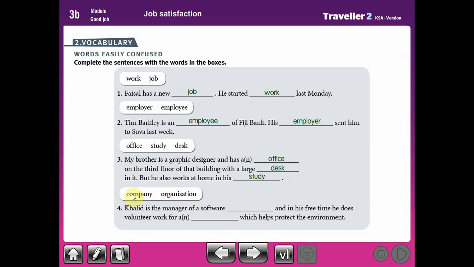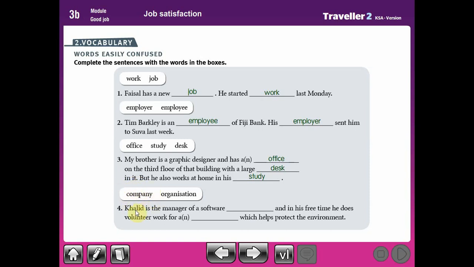The company and the organization. The company is similar to the organization, but the organization is more general than the company. So we can use the organization. The organization may include or consist of many companies inside, and the organization can be voluntary, or can have some voluntary work. This is the organization, but the company is an investment, right?